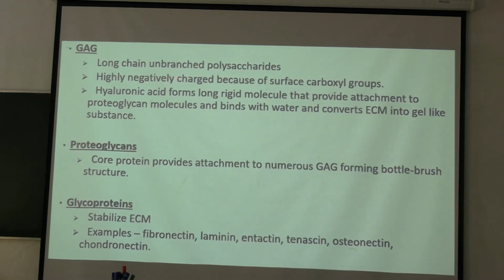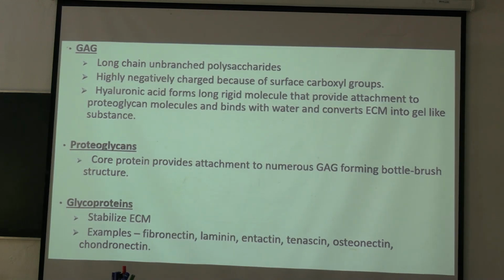So GAGs are long chain unbranched polysaccharides, highly negatively charged because of surface carboxyl groups. Hyaluronic acid forms a long rigid molecule that provides attachment to proteoglycan molecules and binds with water and converts extracellular matrix into a gel-like substance.